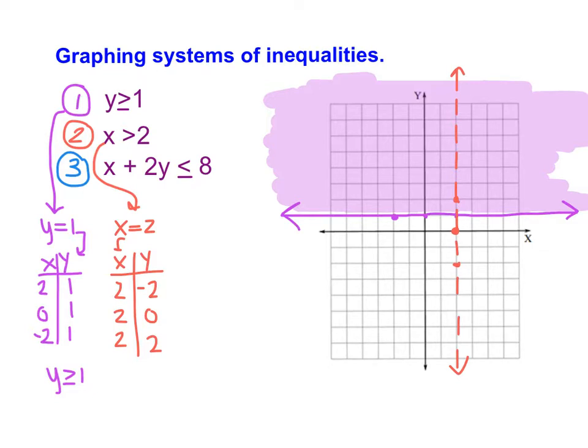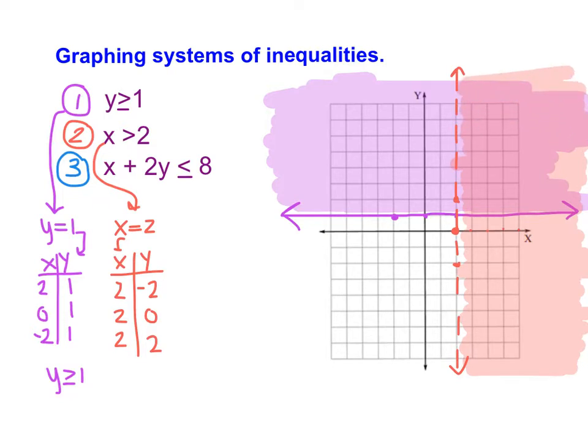If I look at my x-axis here, we have x is 3, 4, 5, 6, etc. So I know that I'm going to shade to the right of that line. That's where x has values for points that are greater than 2. So I'm going to shade this entire section here.